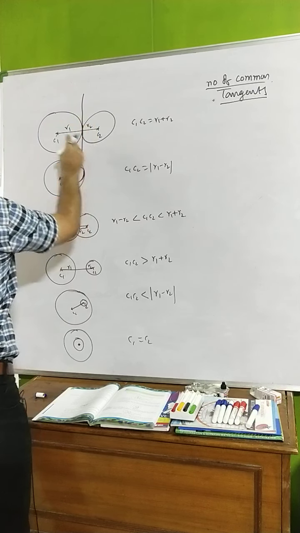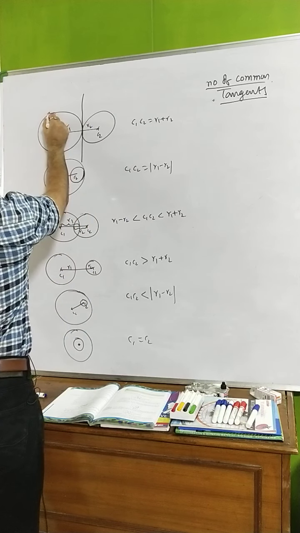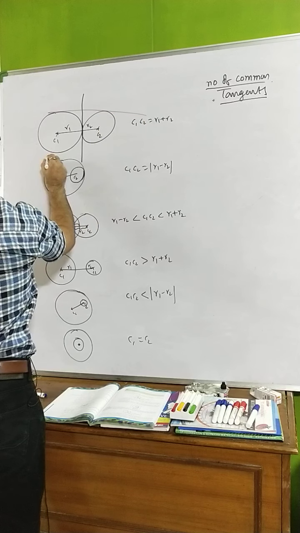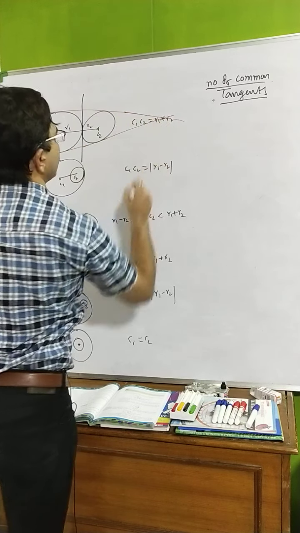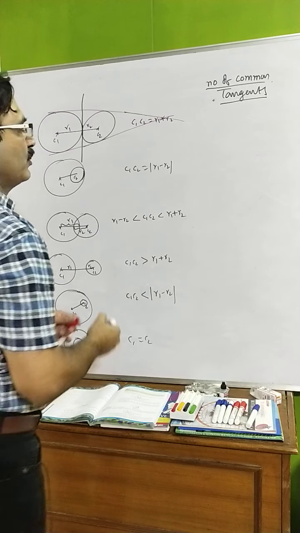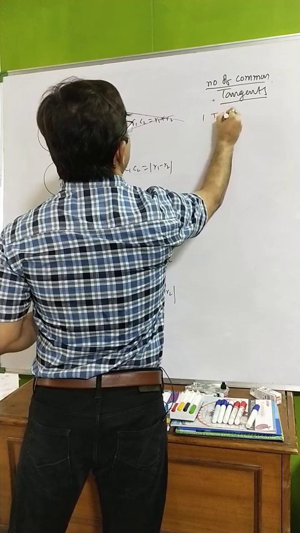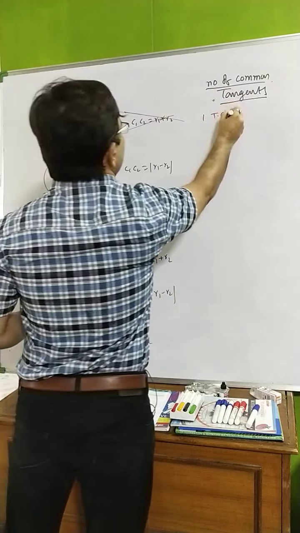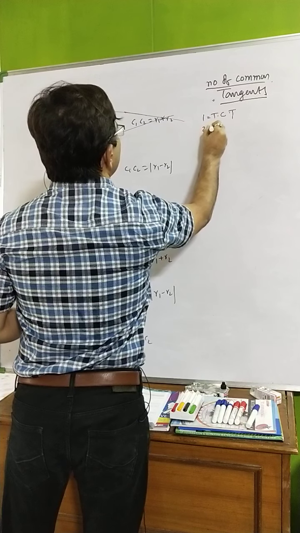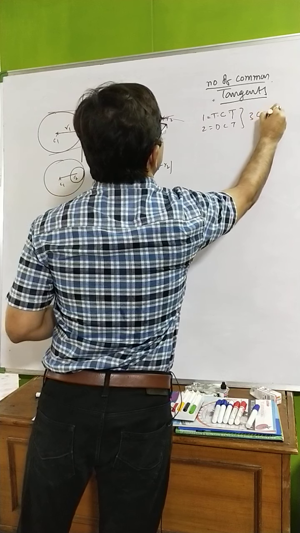Both the circles are on either side, so one transverse common tangent, and the other ones are this one and this one. So I can say one transverse common tangent, TCT I'll say from now onwards, and two DCTs. Overall how many? 3 common tangents.